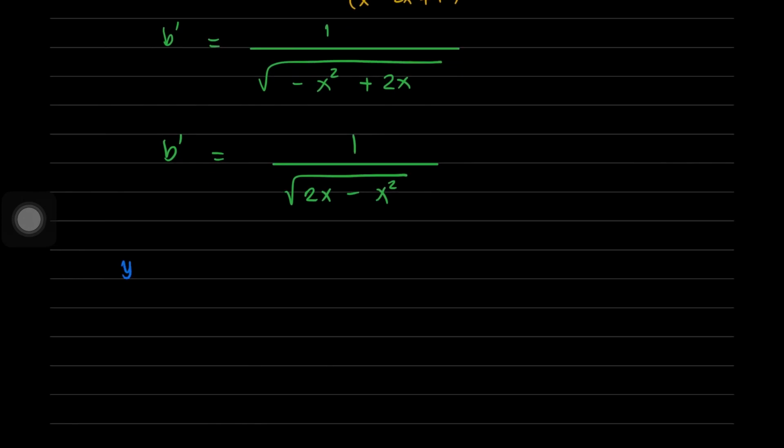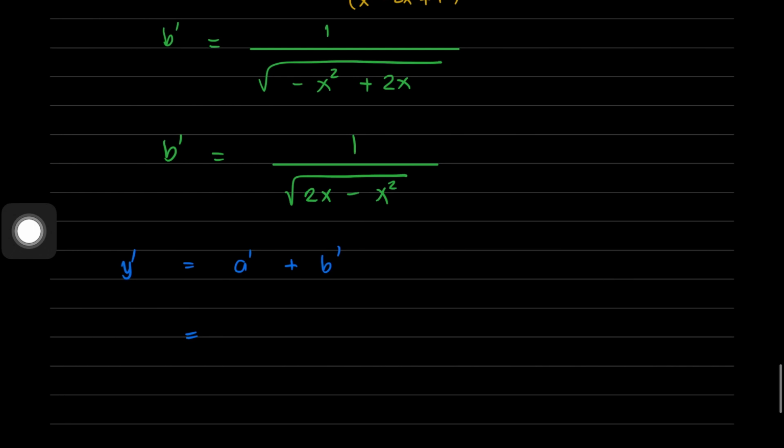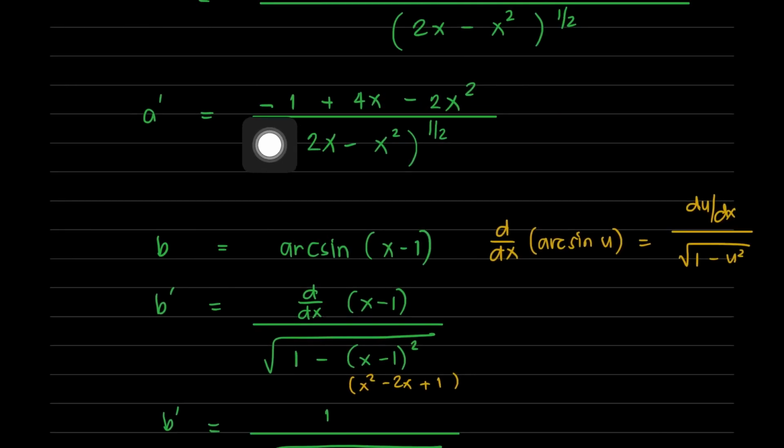So solving for y prime, which is equal to a prime plus b prime, if we're going to go back here, a prime is equal to negative 1 plus 4x minus 2x squared all over 2x minus x squared raised to 1 half, or that is the square root of 2x minus x squared.